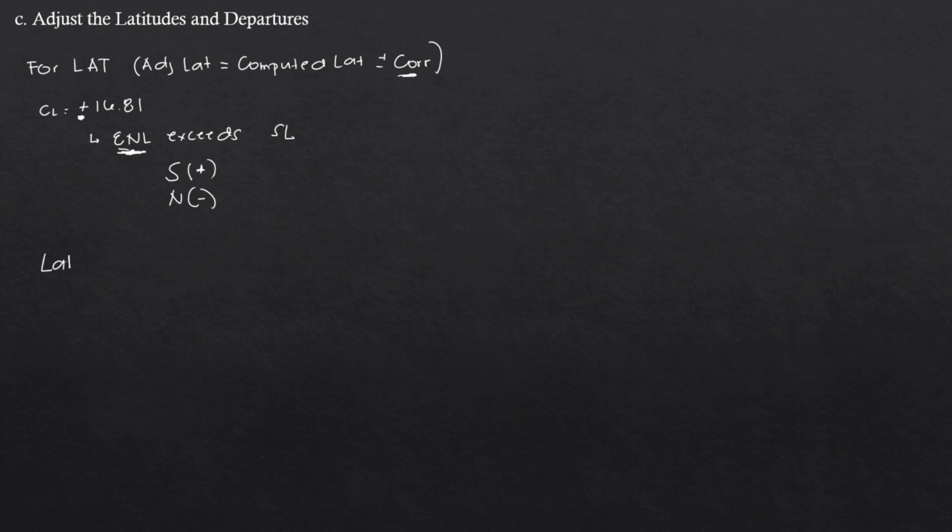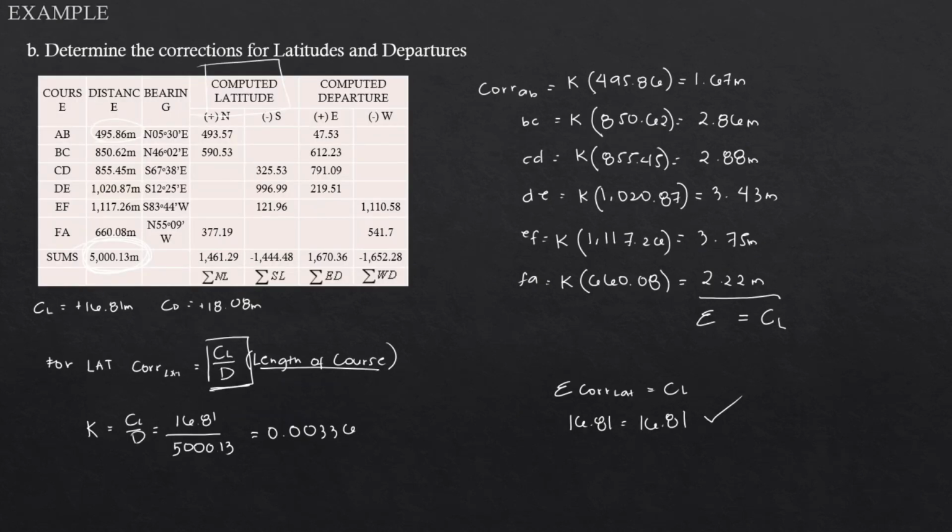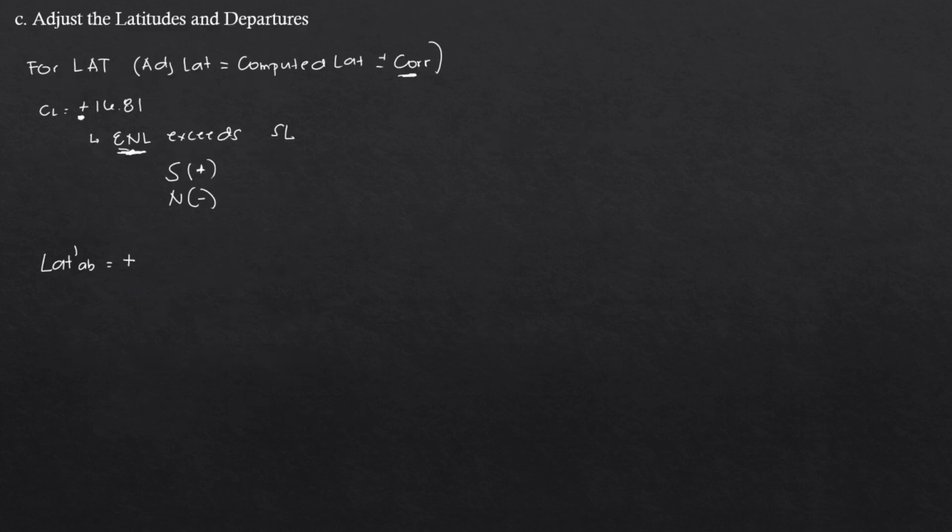So, kunin natin yung adjusted latitude. Lagyan natin ng sa taas. Then, AB, course AB, corrected latitude ng course AB. So, value niya is positive, nasa north. So, tingnan natin. AB, north. So, nasa north siya. So, positive. Then, yung value ng north is 439.3. So, north siya. Ibig sabihin, subtract natin yung correction.